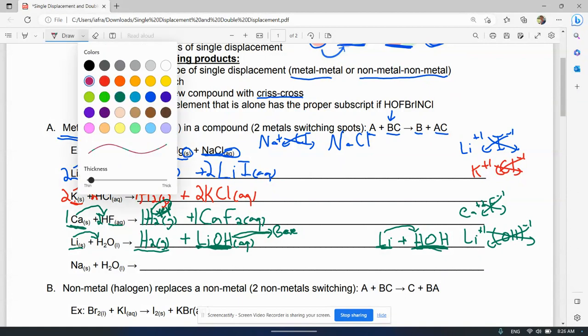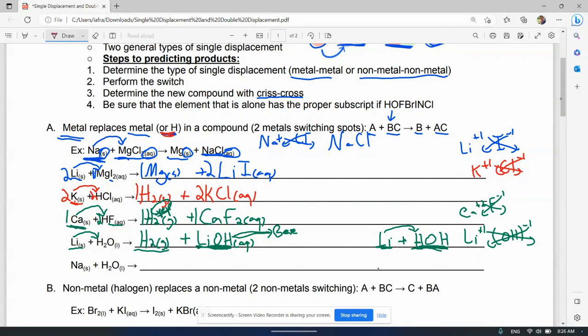So pause the video, try it yourself, and then check your work. So here we have sodium plus water. So I'm just going to write it as HOH. And you can kick the H out. So H is now alone, but it's written as H2 because it's diatomic. And then we do the crisscross between sodium and hydroxide.